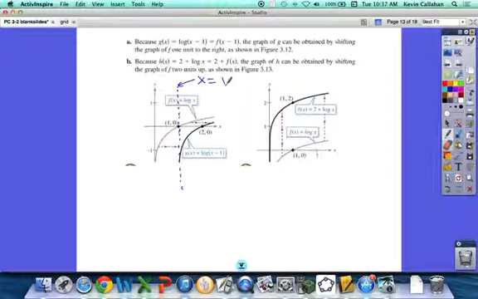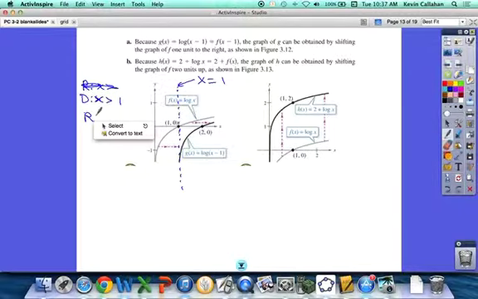It used to be x greater than 0. Now it's x greater than 1. Right. The domain is x greater than 1, and the range is all reals.